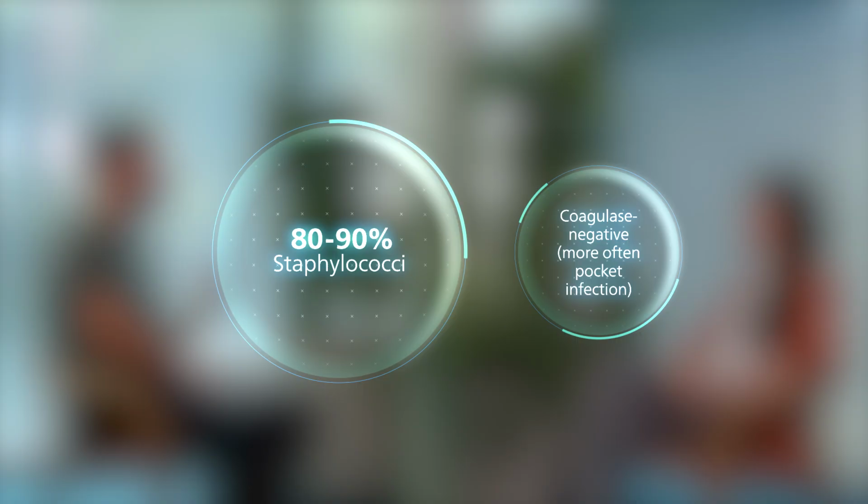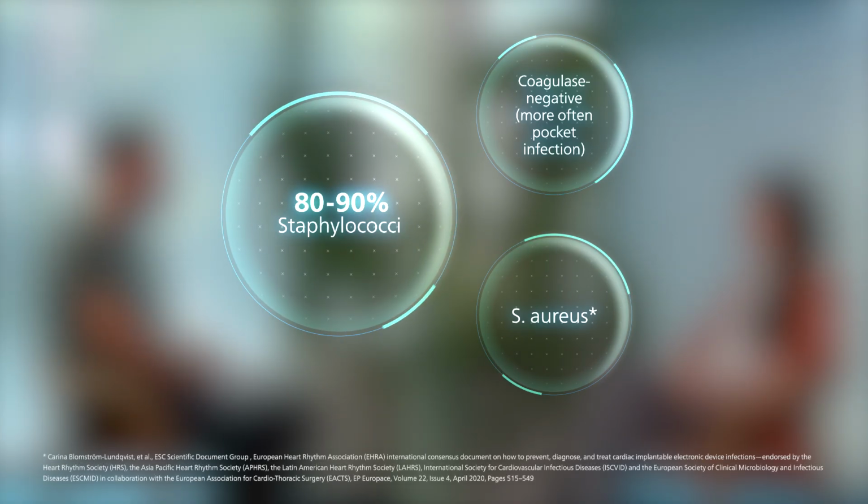And then you have Staph aureus, either oxacillin or methicillin resistant, the MRSA, or the susceptible. Then you have a small proportion of other gram-positive pathogens, for example, Enterococcus faecalis, but this is less than 5%. And sometimes you have gram-negatives, Pseudomonas or Serratia, but this is also in less than 5% of cases.